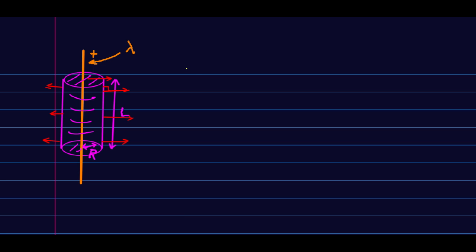And so Gauss's law says that the Q inside our Gaussian surface over epsilon naught is the flux, which is defined as the closed integral of E dot dA.